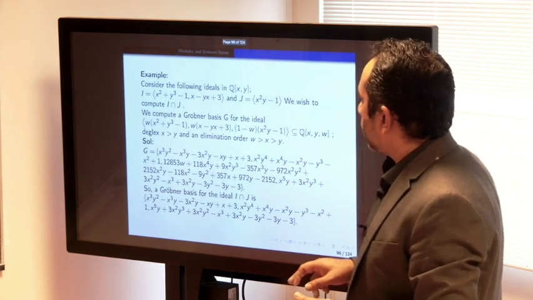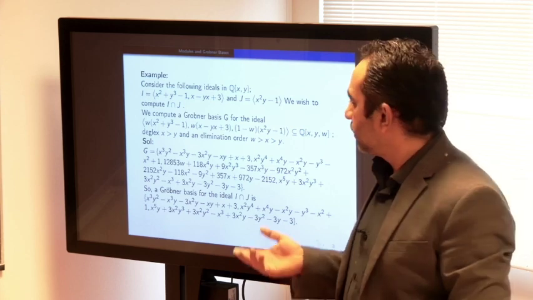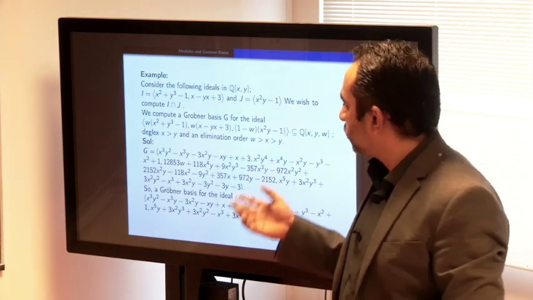And now this is an example. The example is already available on the slides. I think we have a bit of a shortage of time, so you can just go through it.